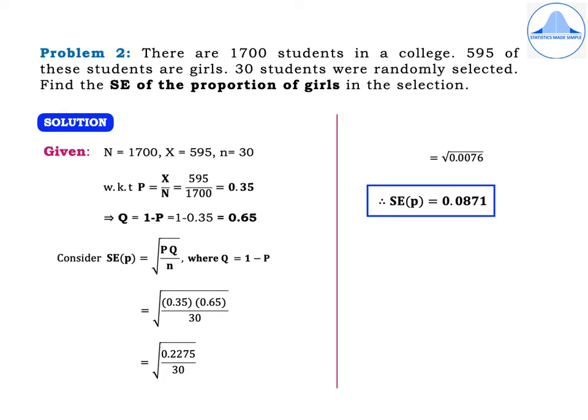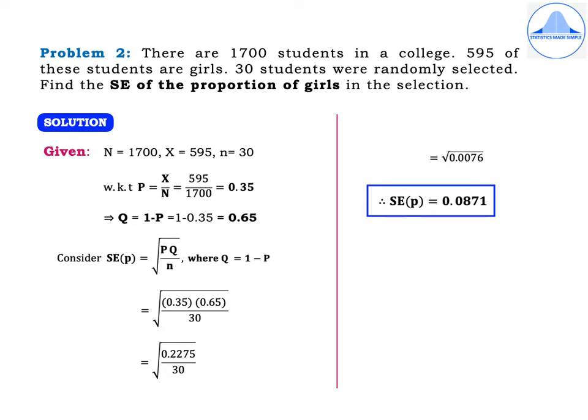So here capital X will be equal to 595, which denotes the number of girls in the college. Then they have said 30 students were randomly selected. So this 30 is nothing but the size of the sample. So under solution, write given capital N equal to 1700, capital X is 595 and n is equal to 30.